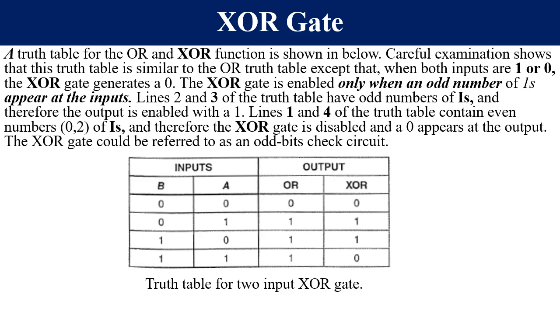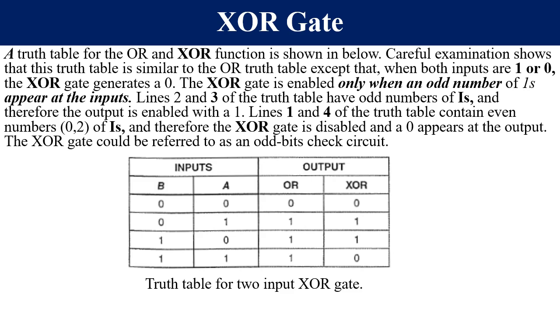So we are saying the output is 1 when all inputs are not the same, or when the summation of ones is odd. That's the definition for an exclusive OR gate. As long as the inputs are the same, the output is 0. As long as the inputs are different, the output is high.